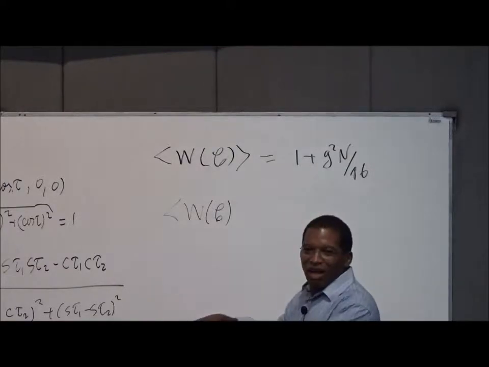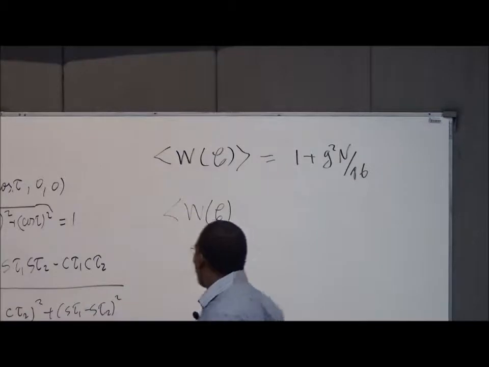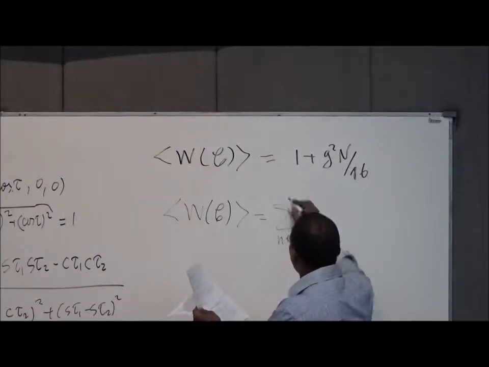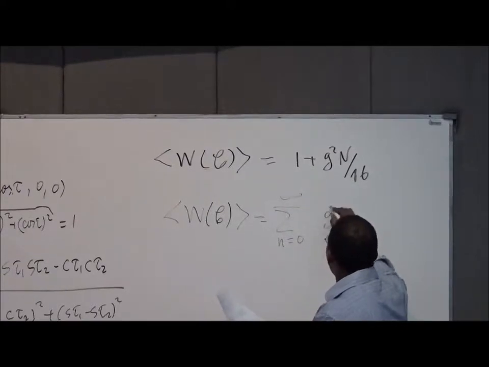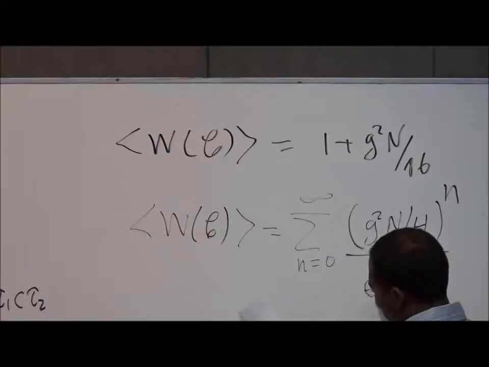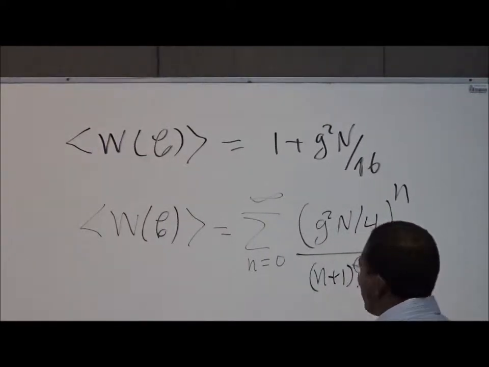At the end, it boils down to some combinatorial problem on counting how many weak rotations I will have. And I'm going to write the answer for you. Okay, so it is g squared N divided by 4 to the n, divided by (n plus 1) factorial n factorial.